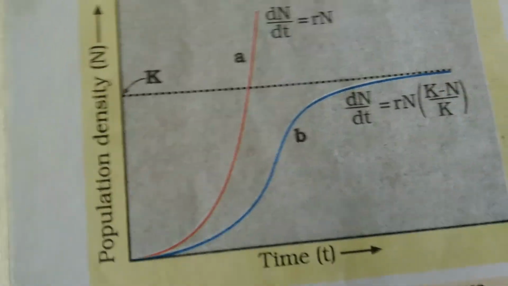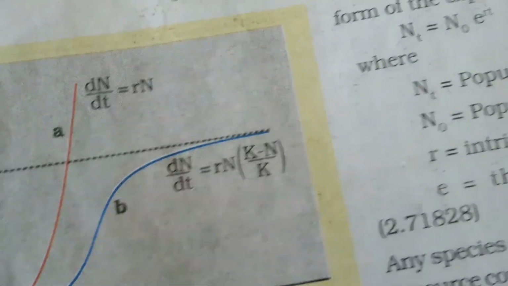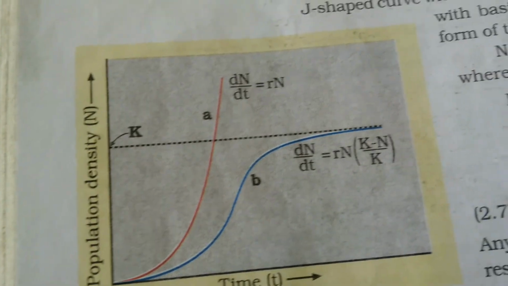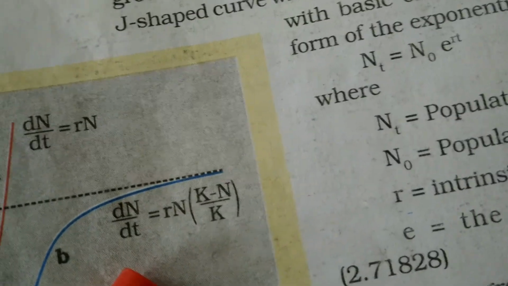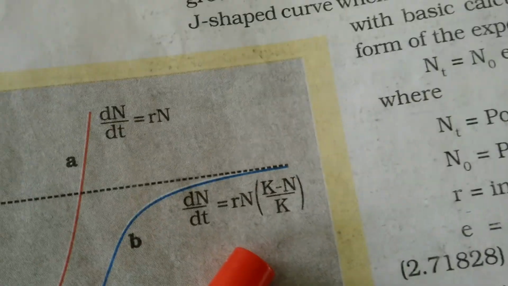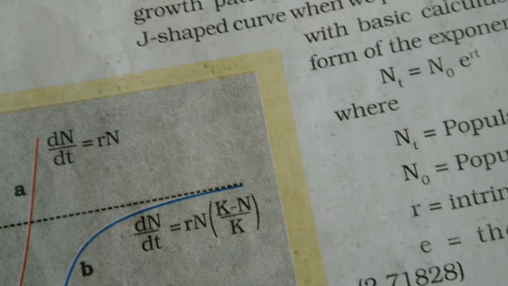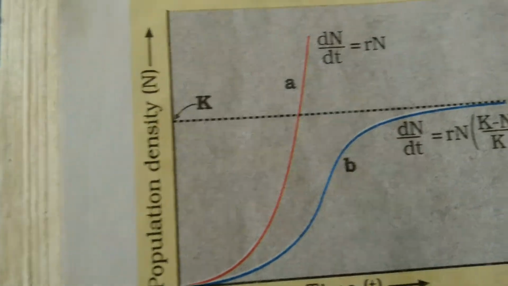Here the horizontal line indicates carrying capacity K. One more model is the logistic growth model. In the logistic growth model, the equation is dN/dt equals rN (K minus N) by K. It gives an S-shaped curve. That curve is called the logistic growth curve.